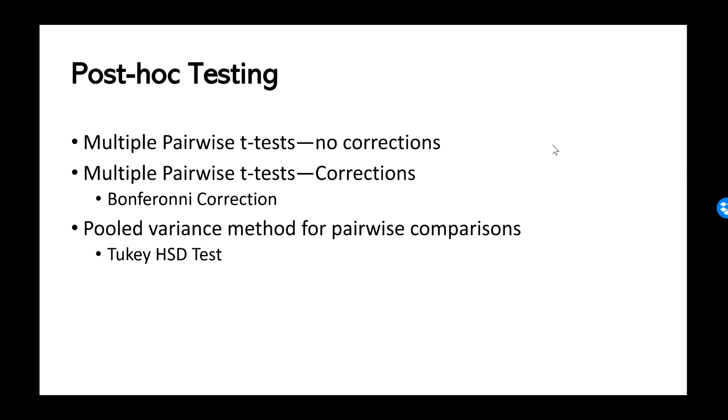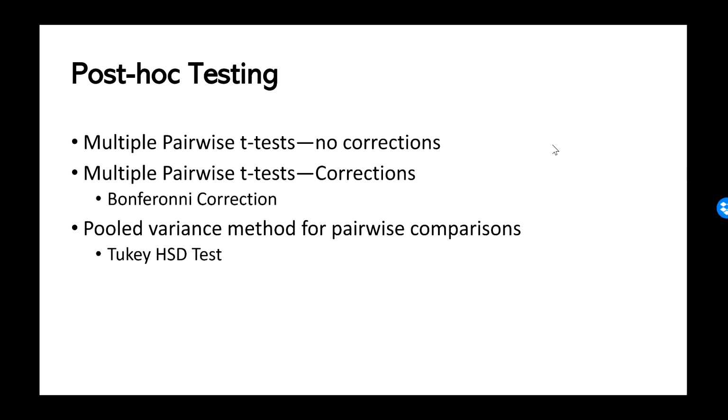Well, now there's a lot more chance to incorrectly reject the null hypothesis because we've just done so many tests, and as we know from p-values, they're uniformly distributed from 0 to 1 if the null is true, and we might risk getting below our threshold by random chance if we keep doing t-tests.